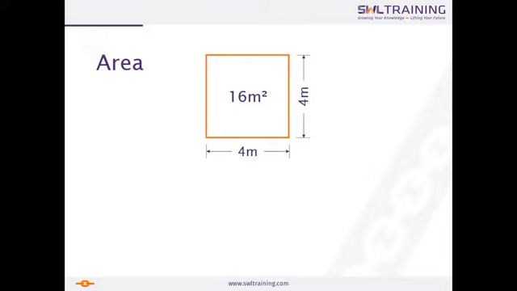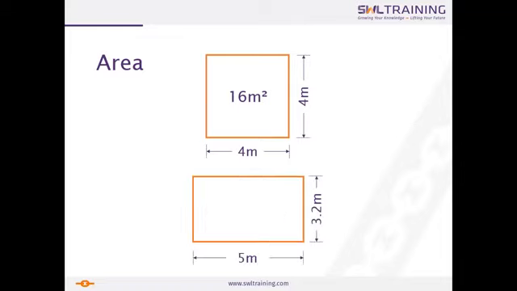Meters squared, so 4 meters squared, would mean to multiply by itself, whereas square meters, as in 16 square meters, would represent area. With this rectangle, if it was 5 meters by 3.2 meters, again, multiply the two together, and that's going to give you an area of 16 square meters again.